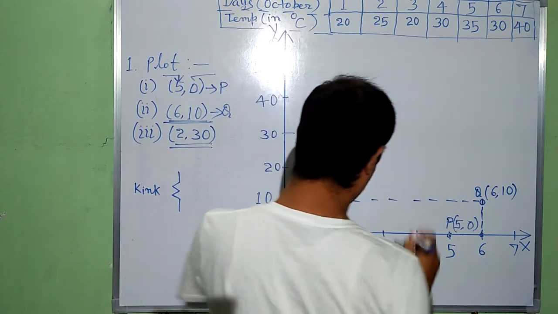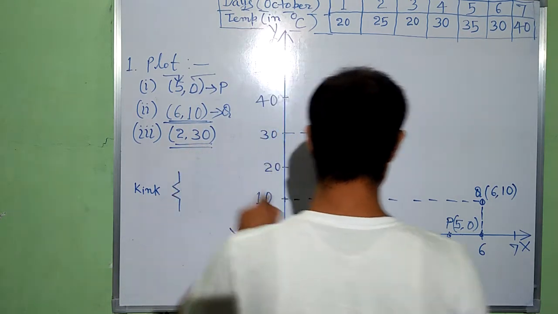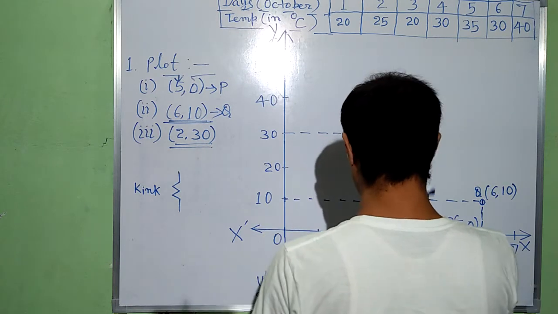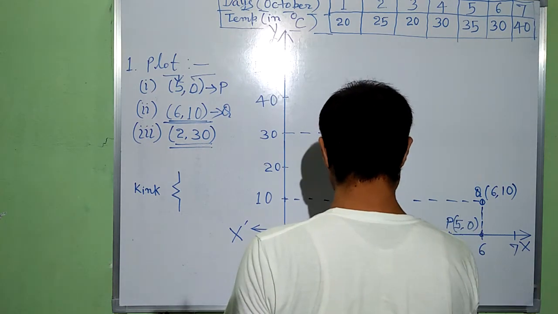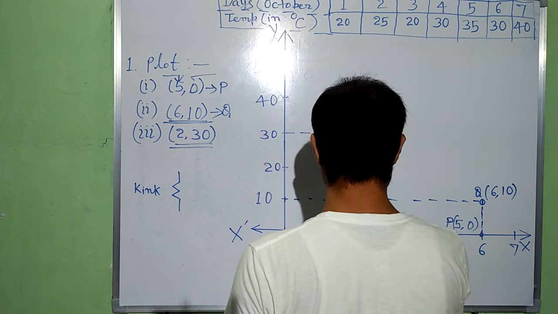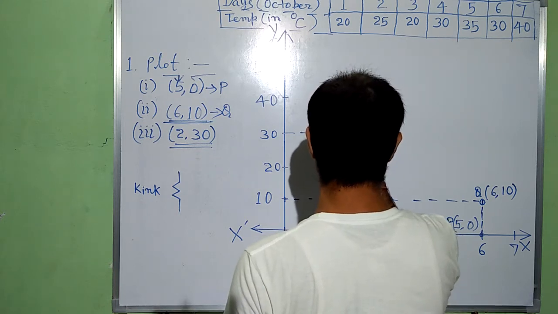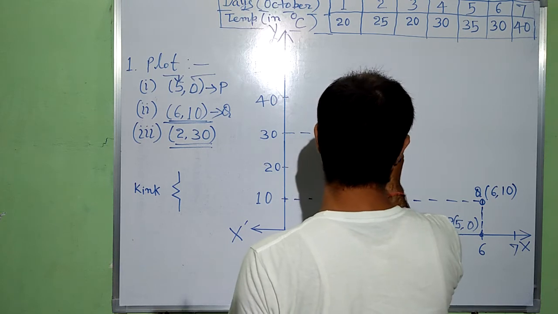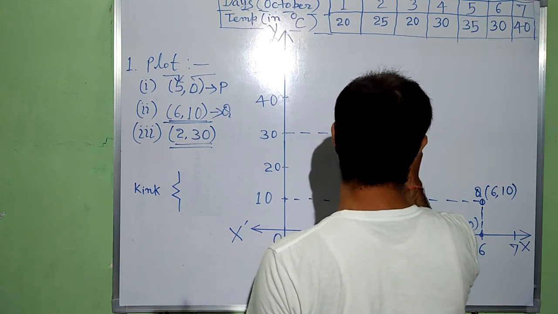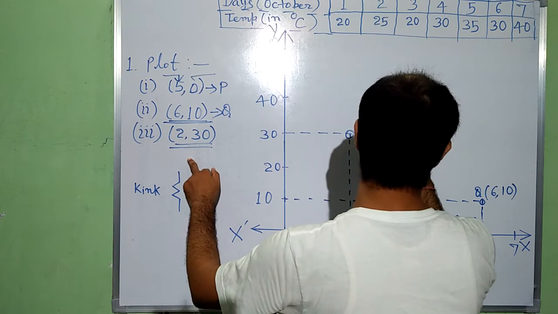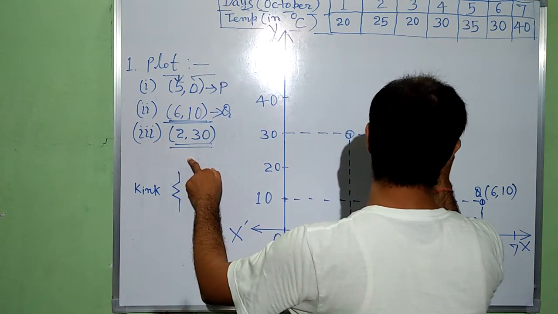Like this, 2 and 30. From 2, we have to draw a perpendicular line. This is R. Its coordinate is (2, 30).